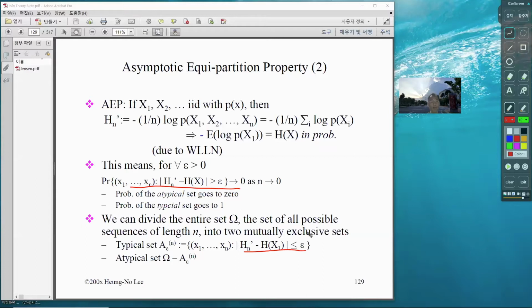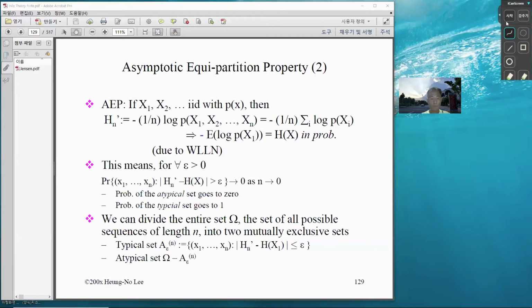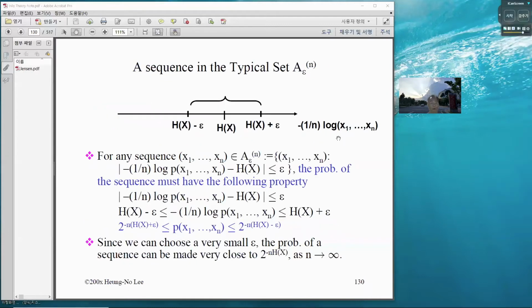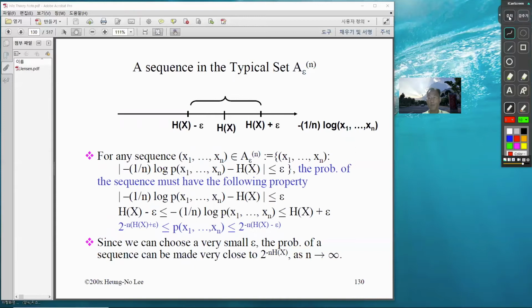So we can have these two sets divide the whole entire set of x's, okay, which is omega.